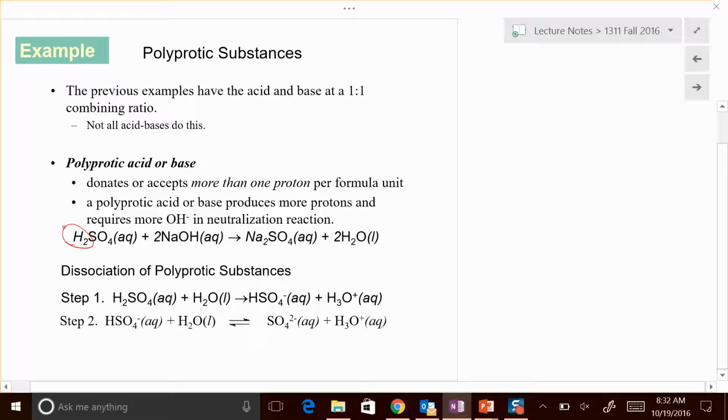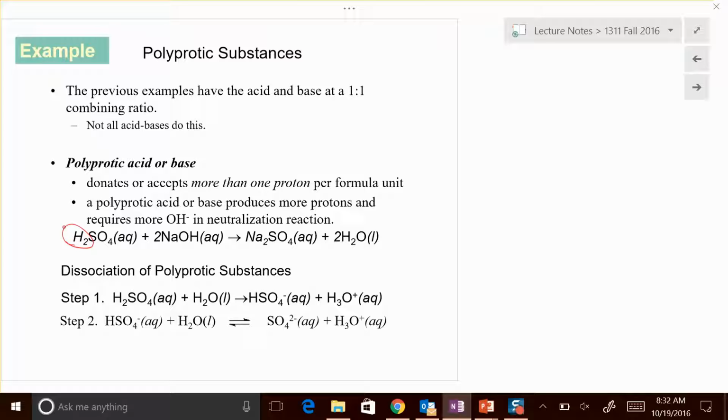Look at this equation. Two bases for every one acid, or one H2SO4. So if I want to know the concentration of H2SO4, not the concentration of H+, but the concentration of H2SO4, then I essentially have to divide it by 2 when I find it.